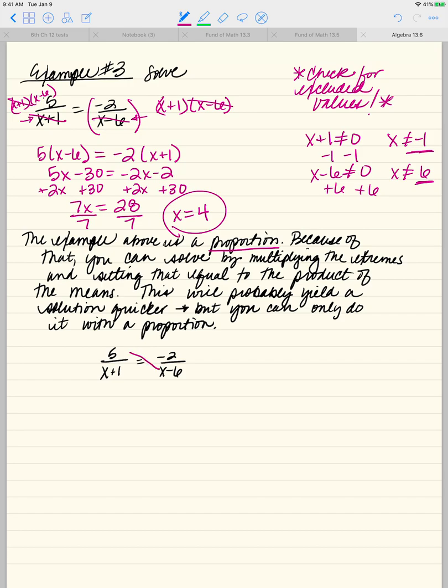So in this case we could have just gone like this: 5 times x minus 6 is equal to negative 2 times x plus 1. We get here a step quicker because we're not multiplying both sides by the LCD. But again, you can only do that when you are solving a proportion.